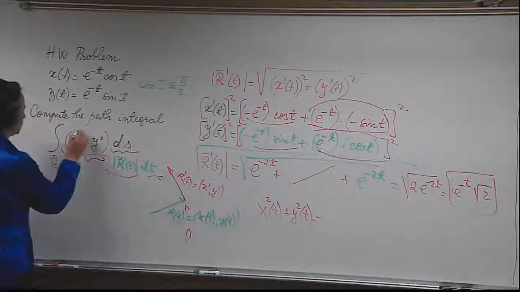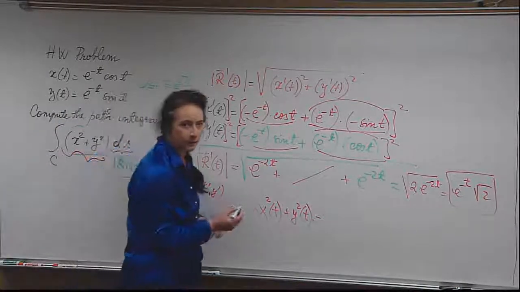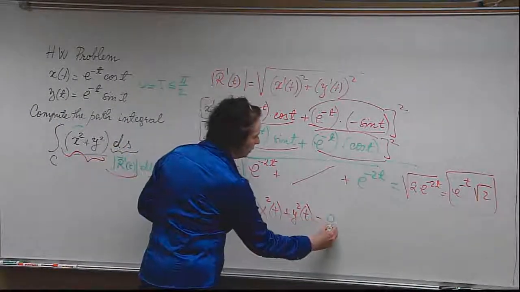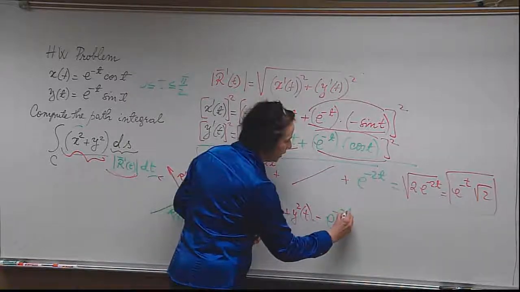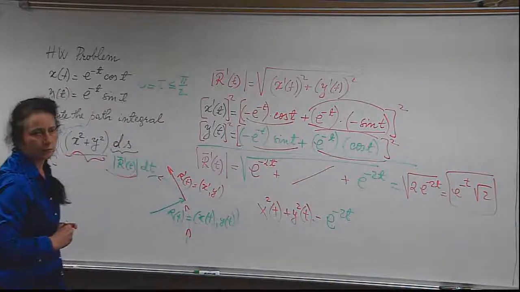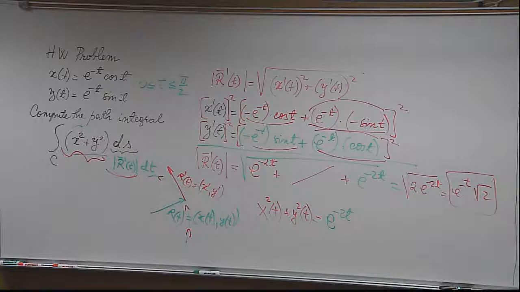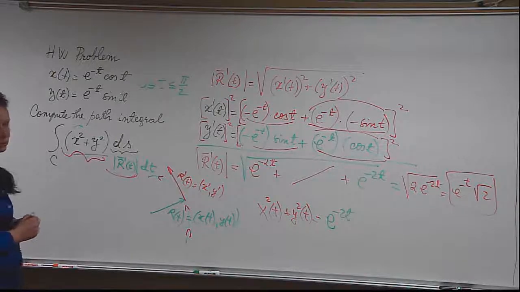This is this one. Square is square. E to the minus 2, and anything else? Cosine squared t. Times 2, yeah, times 2 in the last one, because we had an e to the minus 2t plus an e to the minus 2t.